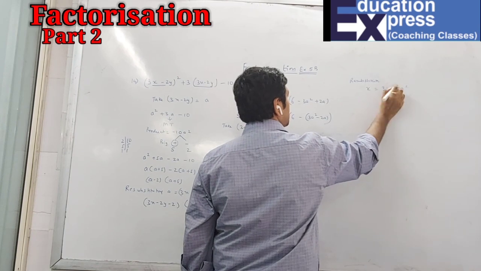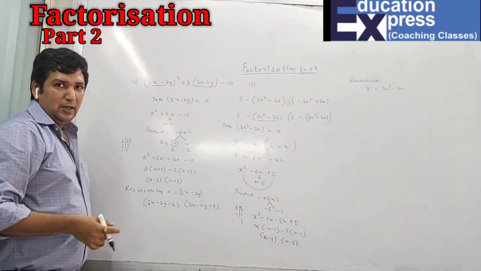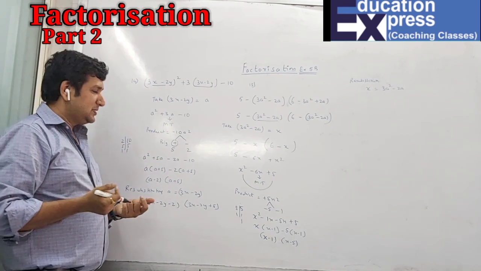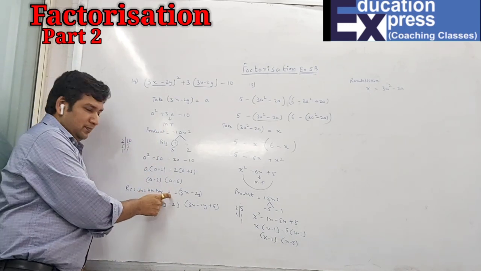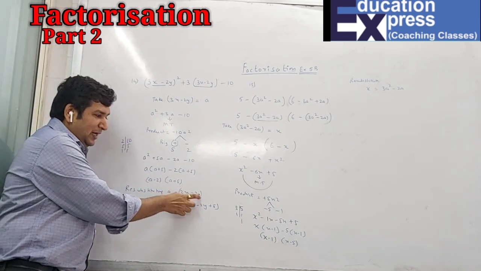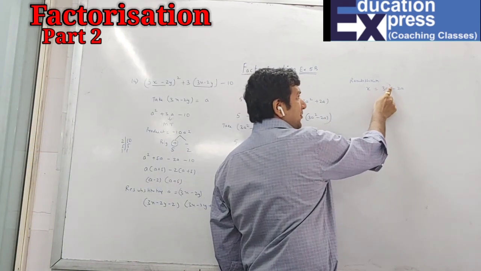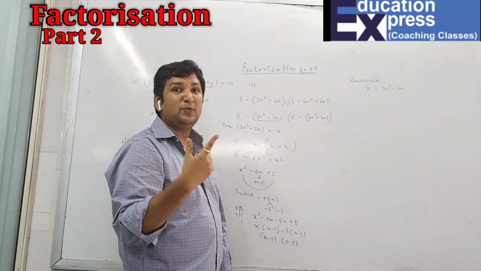Now in this case you will see something different as compared to the other sums. The method was the same, but after substituting there is something different. What is that difference? Till now whatever we have substituted, the power of that variable was always 1. Here you can see after substituting the power is 2. That means there are chances that further you have to again split the middle term.